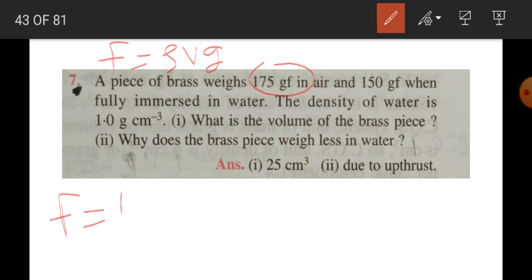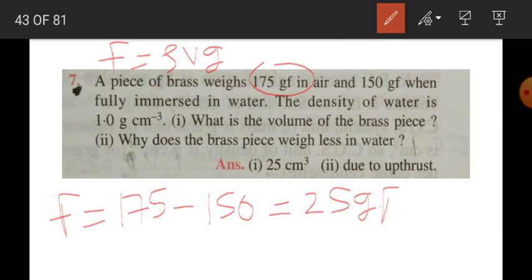True weight is, sorry, 175, and apparent weight is 150. I'm going pretty fast actually. So 25 gf is my upthrust. Using this information I can find out the volume using the second formula for the upthrust.